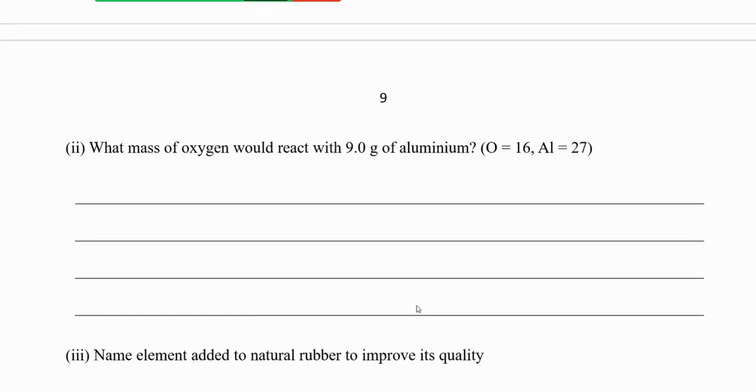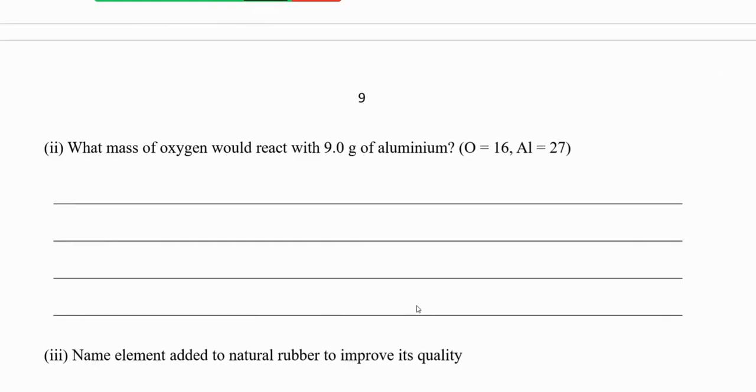And then the next question says, what mass of oxygen would react with 9 gram of aluminium? And we are given the molar mass. We already saw the balanced equation, and we see that we need 4 moles of aluminium to react with 3 moles of oxygen. So it's more like 4:3.